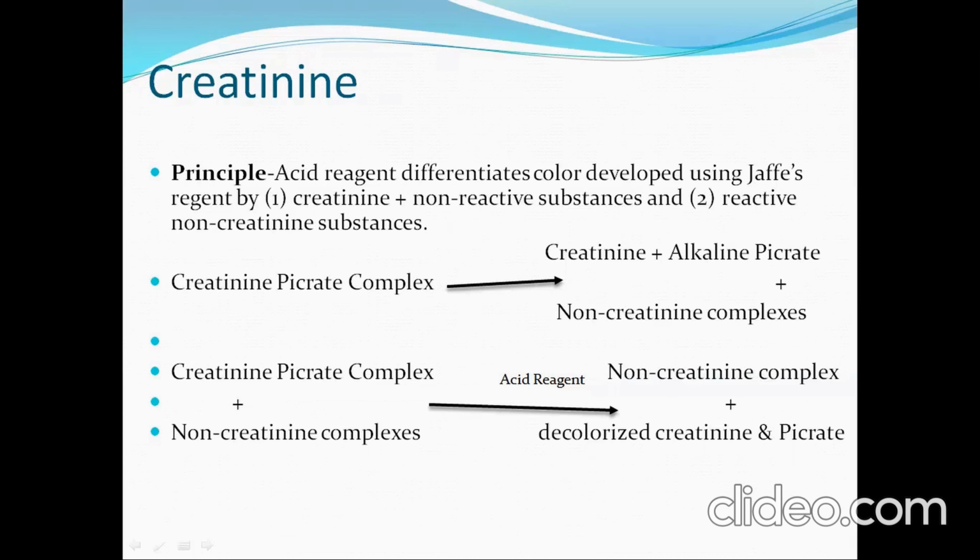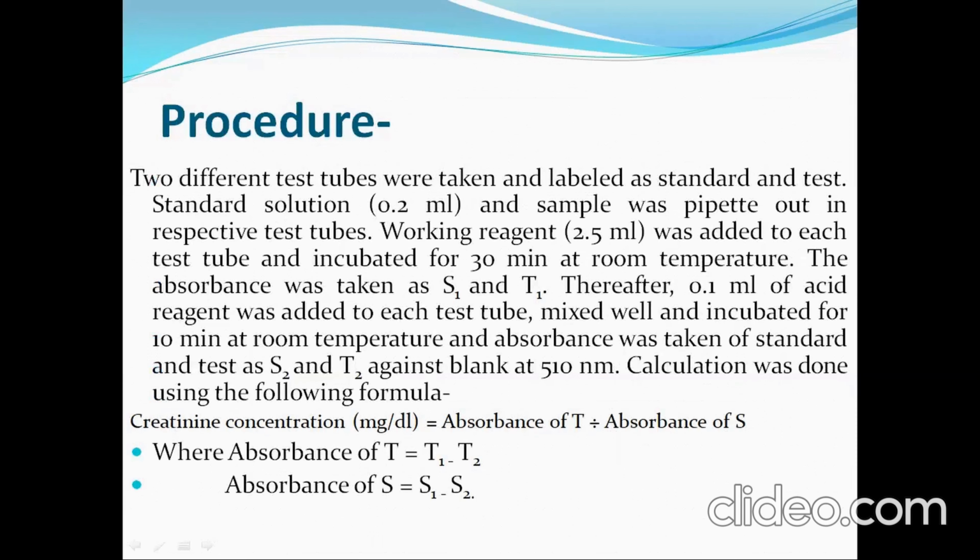The creatinine picrate complex plus non-creatinine complex in acid reagent gets converted into the non-creatinine complex and decolorization of creatinine and picrate will be there. So that decolorization, that intensity of color, we can measure photometrically.